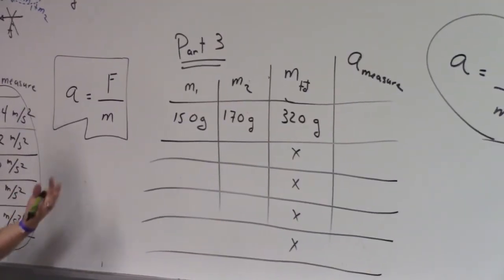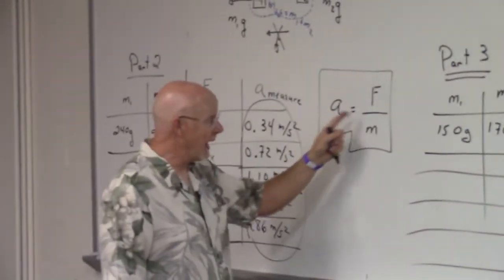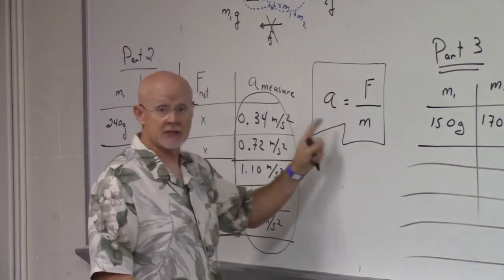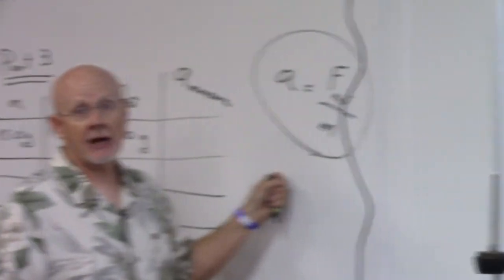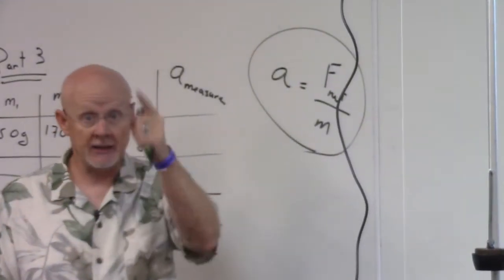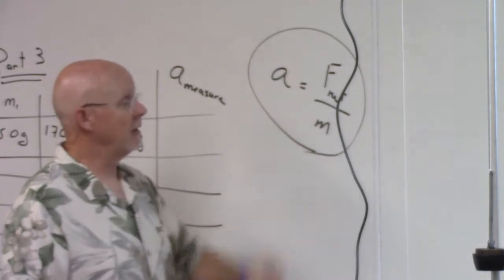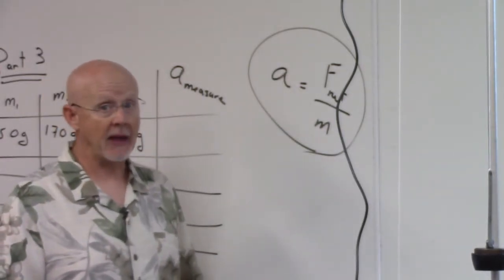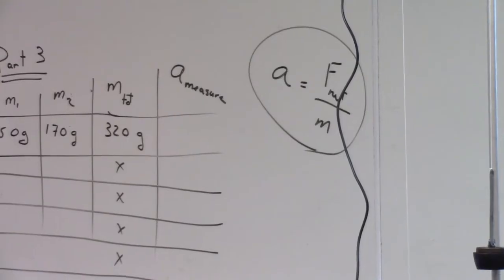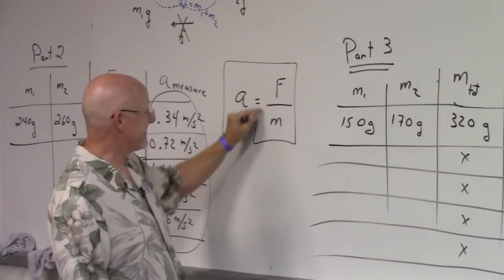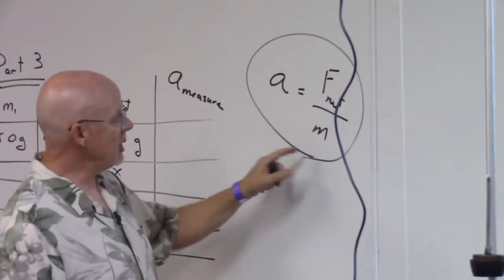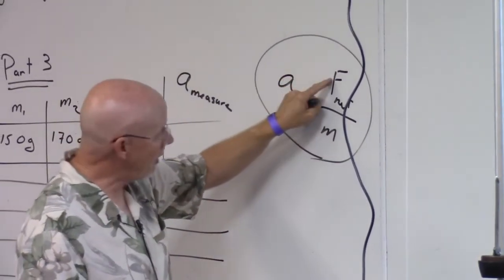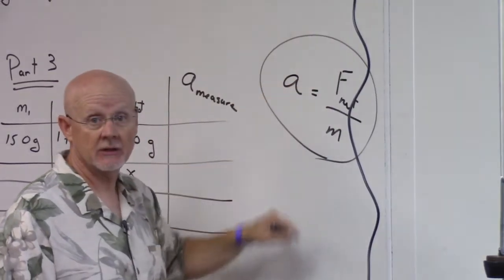And so let me come back over here to part 2. I haven't actually plotted it yet, but I'm hoping when I do plot it, it'll match this pattern. Let's talk about that pattern next. But I'm also hoping that when I plot number 3, or I should say you plot number 3, or part 3, that it'll follow this pattern. And so we've got to talk about that pattern, because in part 2, you're changing the force but not the mass to see how it affects the acceleration. But in part 3, you're changing the mass but not the force in order to see how it affects the acceleration.